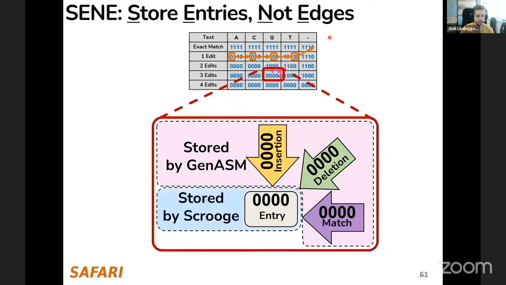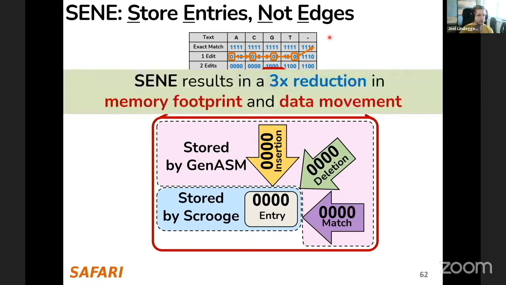Now, what we observe is that actually it's sufficient to just store the entry itself, not the ingoing edges. So Scrooge only stores that, which is 3 times less bits than all of the edges. And that out of the box gives us a 3x reduction in memory footprint and data movement. It comes at the slight compute overhead to regenerate the edges that are needed during traceback, but it turns out this is a very minor overhead.